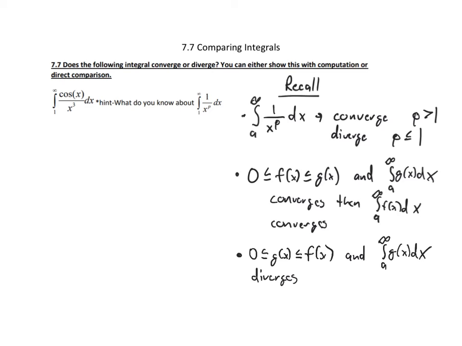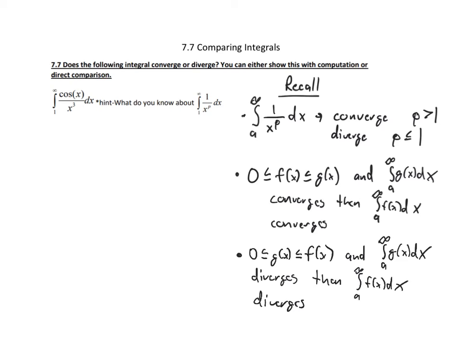If the smaller function diverges, meaning we can't compute that area, then obviously the function above it must diverge also. So the integral from a to infinity of f of x dx diverges also.